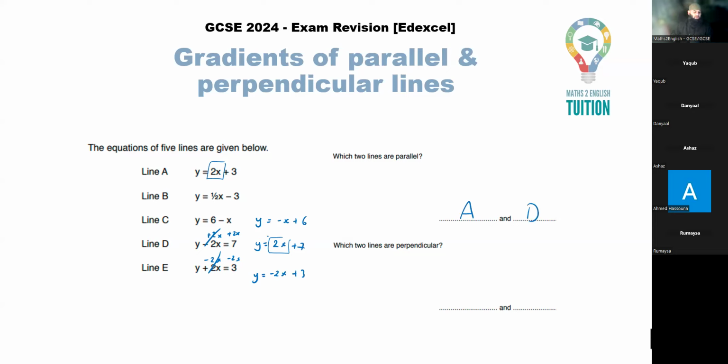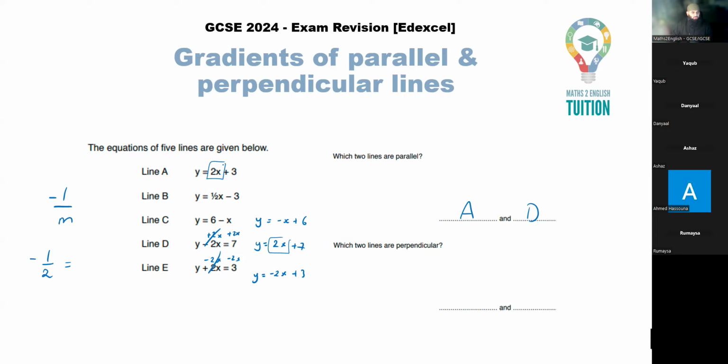The next question is, which two lines are perpendicular? Now, perpendicular, if I do a reciprocal of a gradient, okay? If I do a reciprocal of a gradient, that's going to give me a perpendicular gradient. So, for example, if I do a reciprocal of 2, that's a minus a half, okay? And I don't have a minus a half anywhere here.